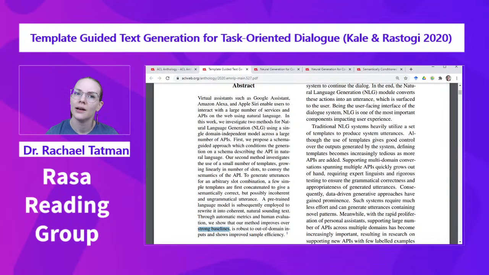But I would say for the majority of projects that I'm familiar with, usually it's a team building an assistant that's very focused on their particular need, and it makes sense for them to have handwritten templates as a baseline.